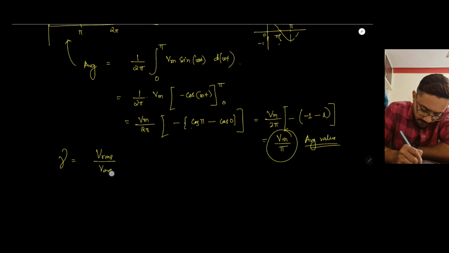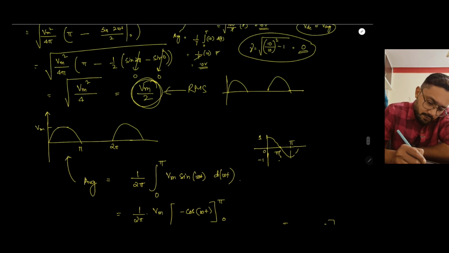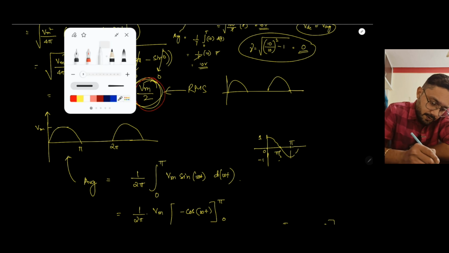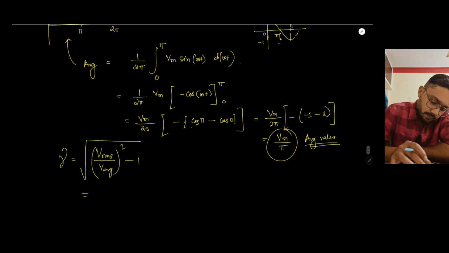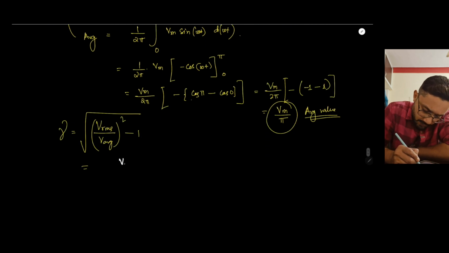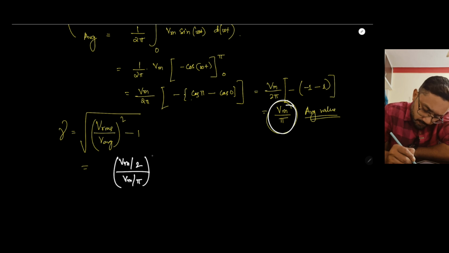Ripple factor is the square root of (Vrms by V average) whole square minus 1. The RMS voltage was Vm by 2, and the average voltage is Vm by pi.